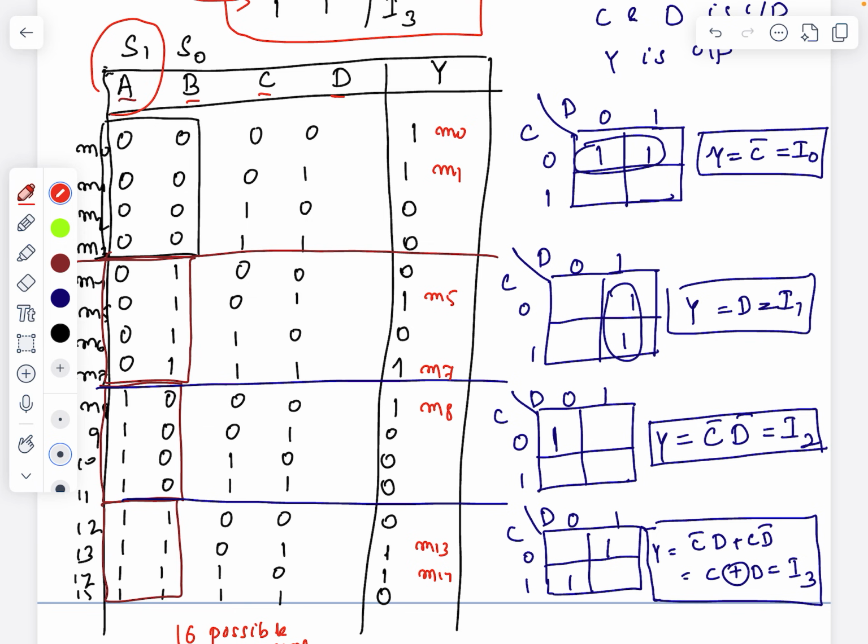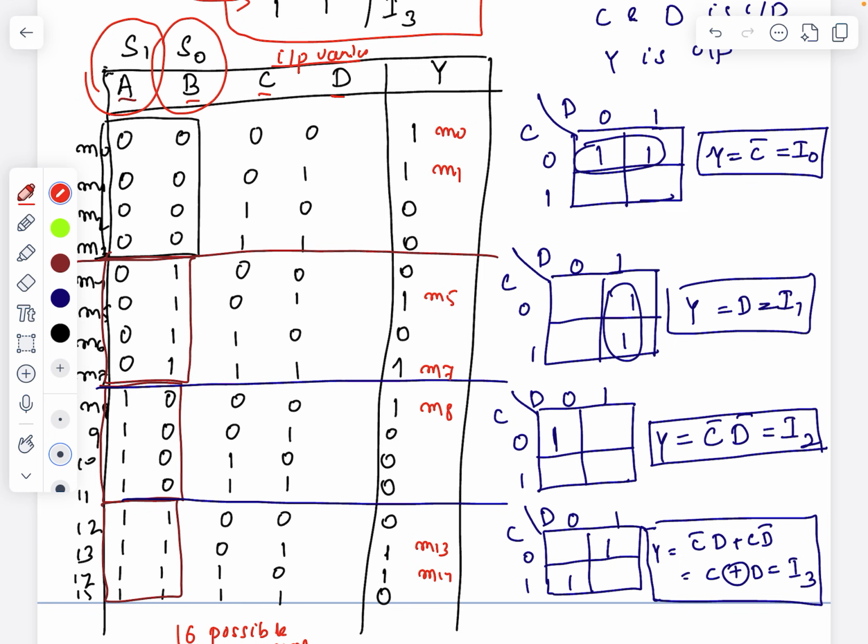So A is S1, B is S0, and C, D are the input variables. If I pair four in a group, I will take AB as 0, 0.